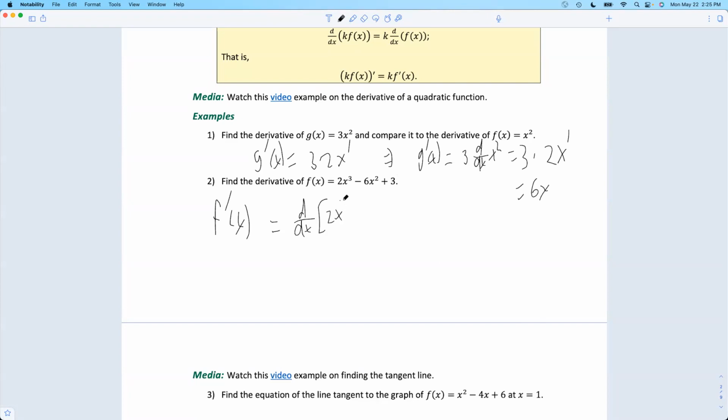I just want you to see it. Derivative with respect to x of 6x squared plus derivative with respect to x of 3. And then again, it's just like with all those limit laws where we wrote it out step by step. I'm going to write this out, but I'm never going to require you to write out all these steps.